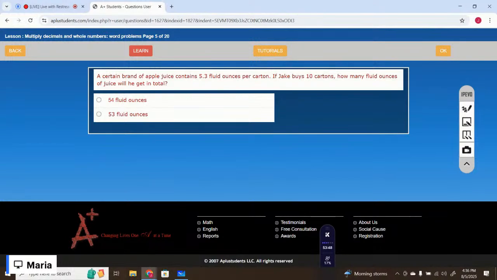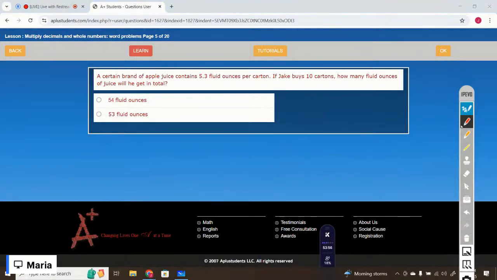A certain brand of apple juice contains 5.3 fluid ounces per carton. If Jake buys 10 cartons, how many fluid ounces of juice will he get in total? That is 53 fluid ounces.